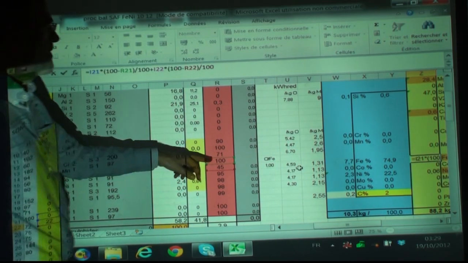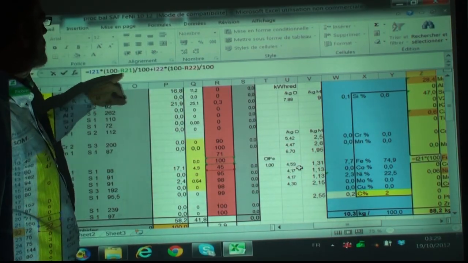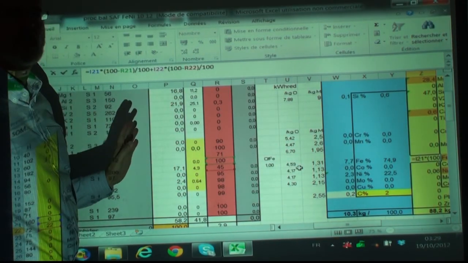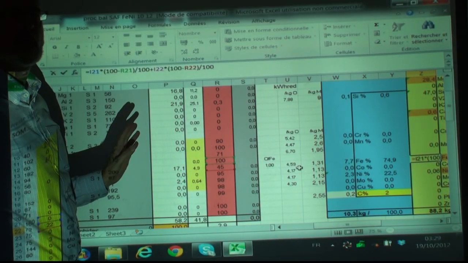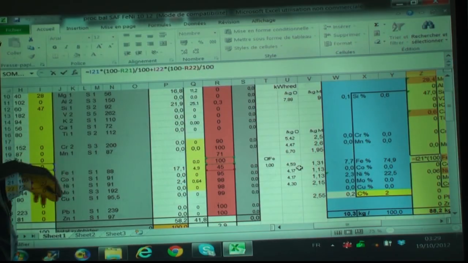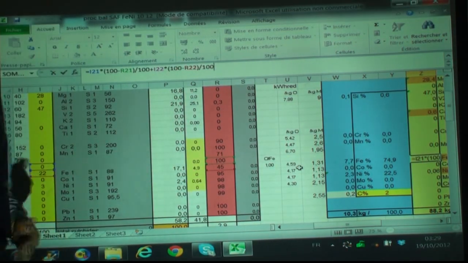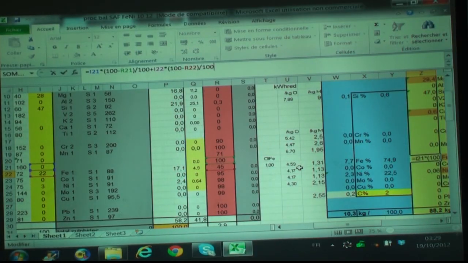But if you have reduction yield of 100, you see the first term is 0. You understand? Even if you have Fe2O3 and you have 100, Fe2O3 will always be fully reduced.